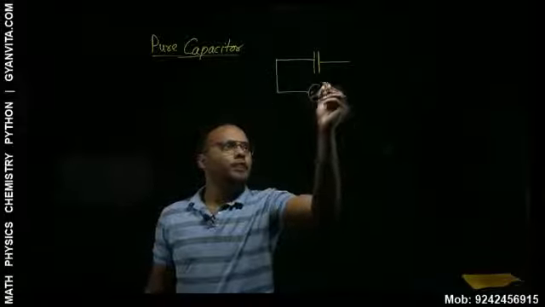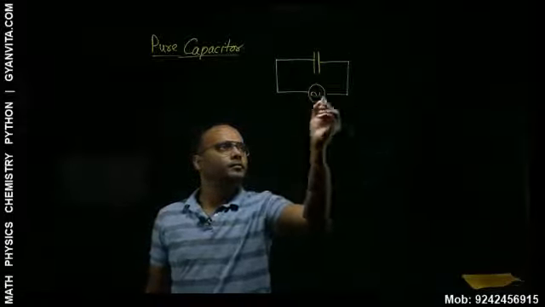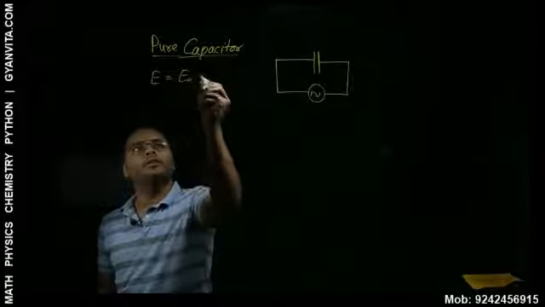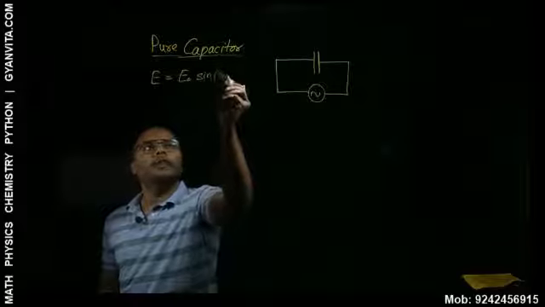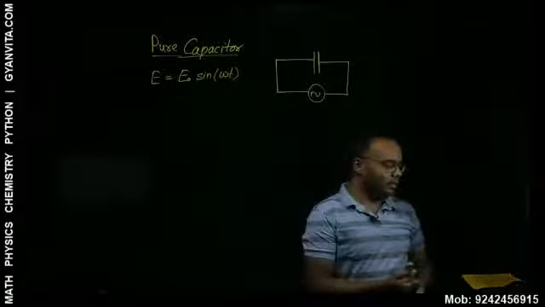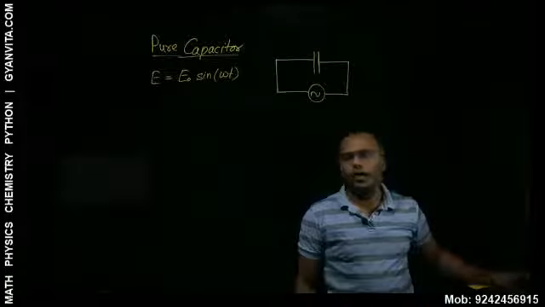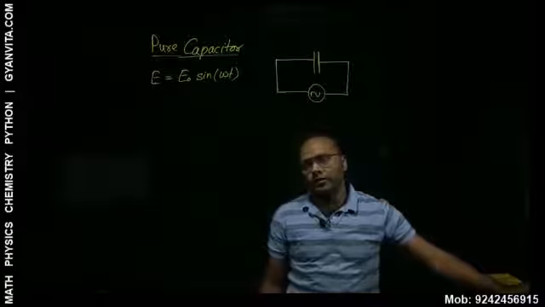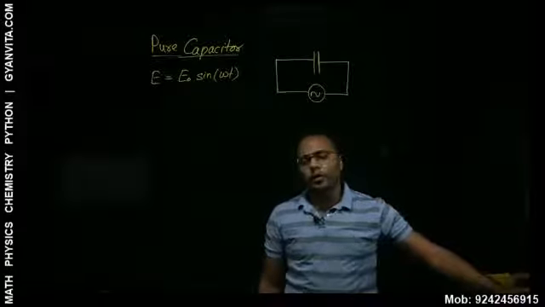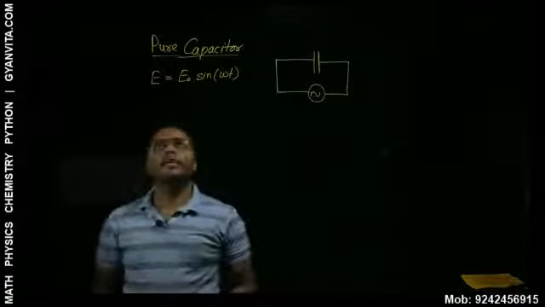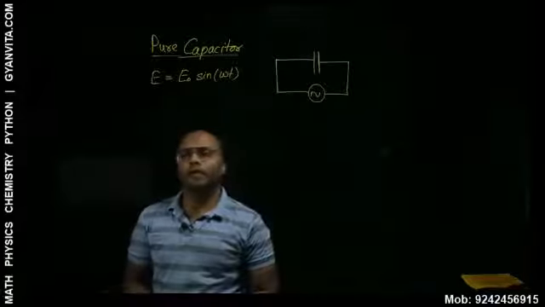This is your supply, so your supply E is equal to E naught sine omega t. The relation between E, I and all is very important, and it's very simple. It's not a complex thing to understand. That's why it's a scoring chapter.